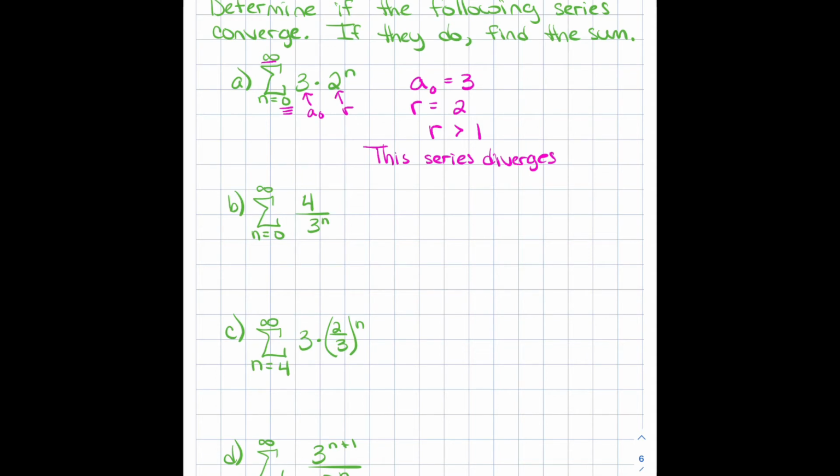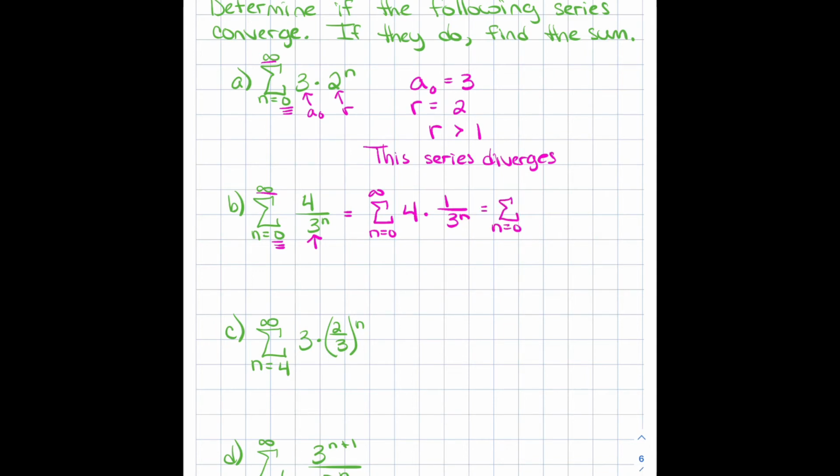Okay, let's look at B. We'll do B together. B looks tricky, a little bit scary. First of all, we know this is from 0 to infinity. So this is going to work for a geometric series if it's a geometric series, but we're going to have to do a little bit of rewriting of this expression. First of all, I can take that 4 out because it's not an exponent. I can write this as 4 times 1 over 3 to the n.